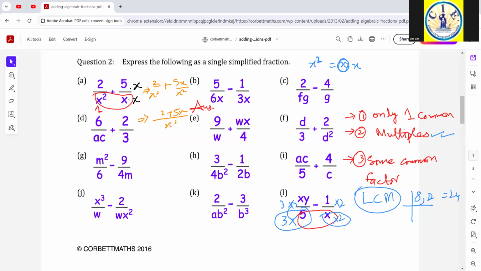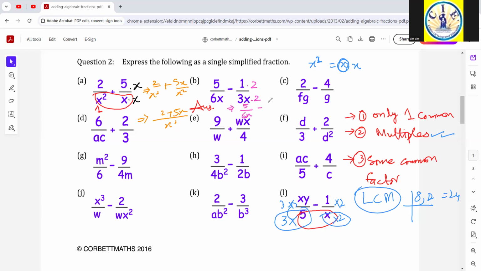Same goes with part B. You see that 6x and 3x are multiples. So you just need to multiply the second fraction by 2 only. That will make their denominators the same.